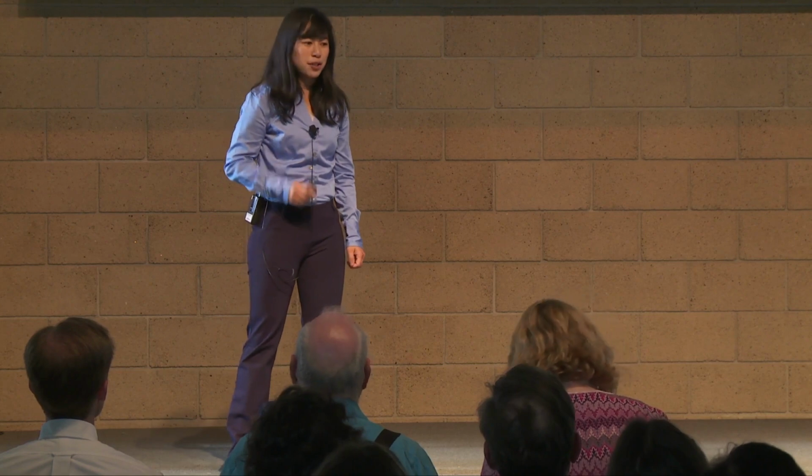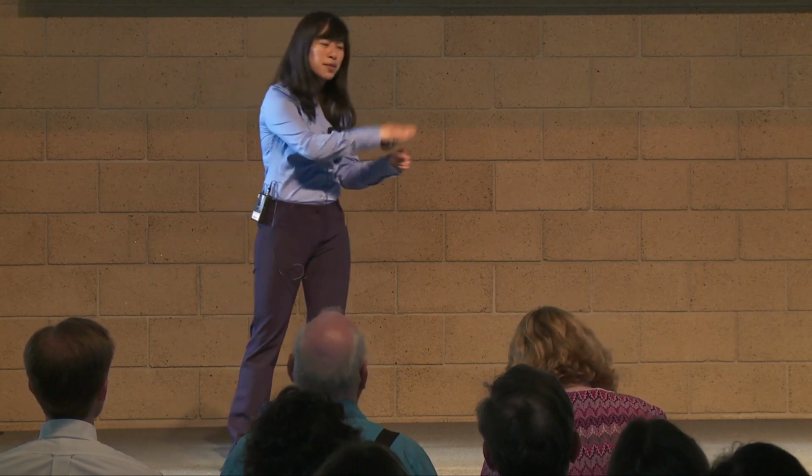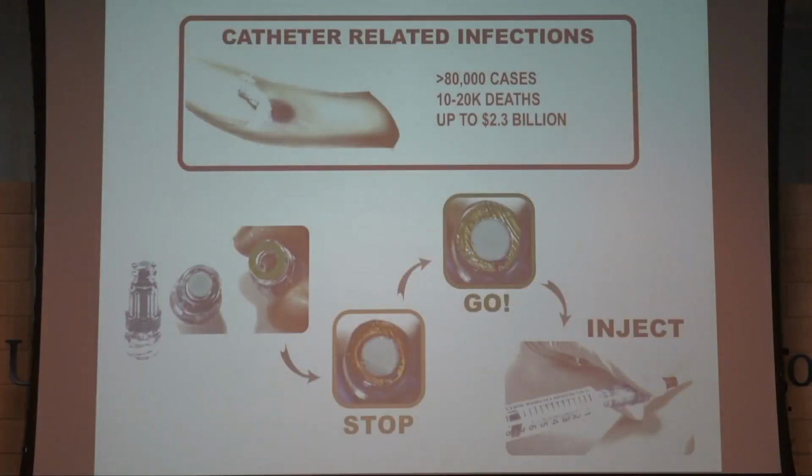We help nurses visualize the sterilization process by embedding the silicon sponges onto the tip of catheters, so that when the nurses swab the catheter, it changes from green to red. This tells the nurse that they have applied the alcohol on the entire surface of the catheter. This also tells them that they need to stop and wait for the alcohol to dry.